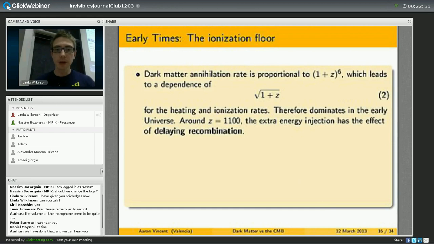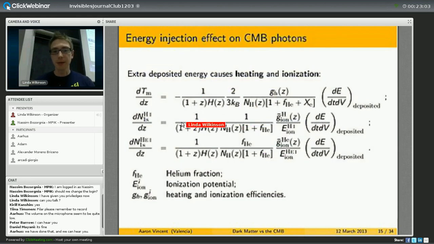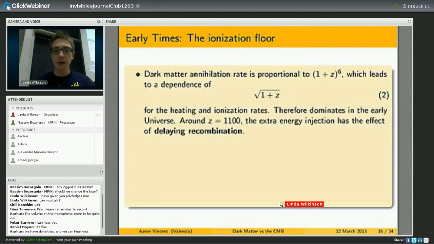The dark matter annihilation rate, as we've seen, goes as (1+z)^6. And once you include all the proper factors of the redshift here, and there's one hidden in the matter density here, what you wind up with is a proportionality to (1+z)^(1/2). This means that the efficiency of energy deposition, or the efficiency of heating and ionization, gets larger as you go to higher redshifts.